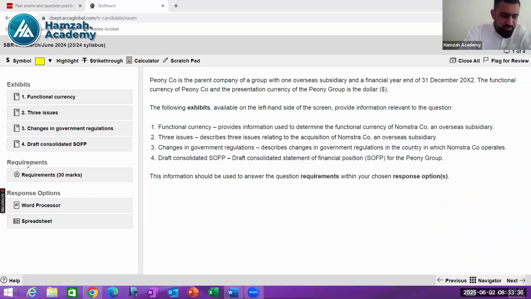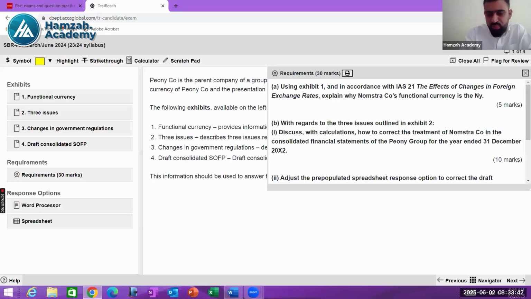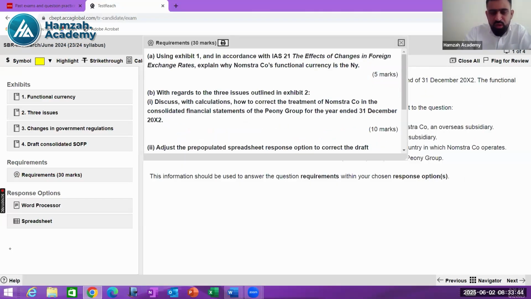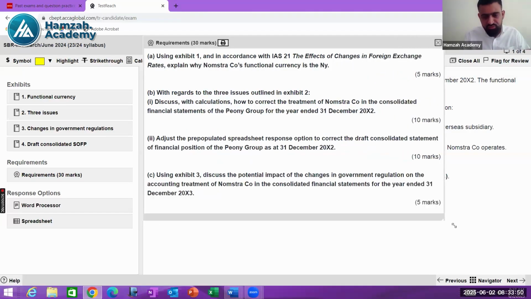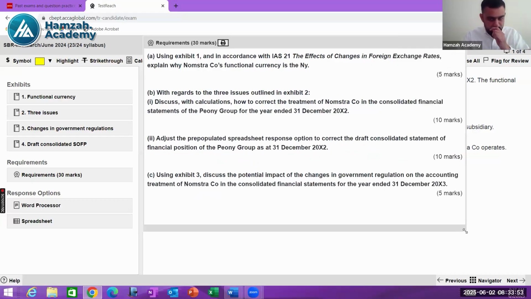Now, without wasting any further time, we have requirements here. In our first requirement, A, they are asking: using exhibit number 1 and in accordance with IAS 21, The Effects of Changes in Foreign Exchange Rates, explain why Nomestra company's functional currency is NY.